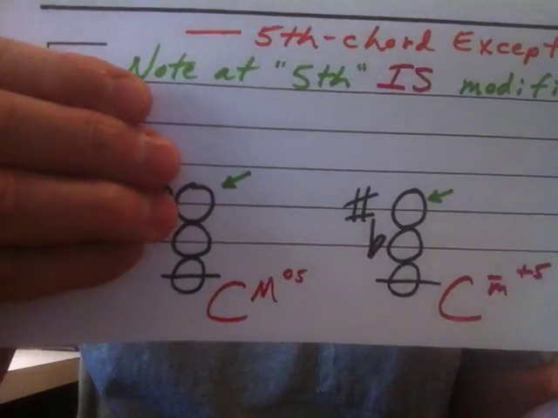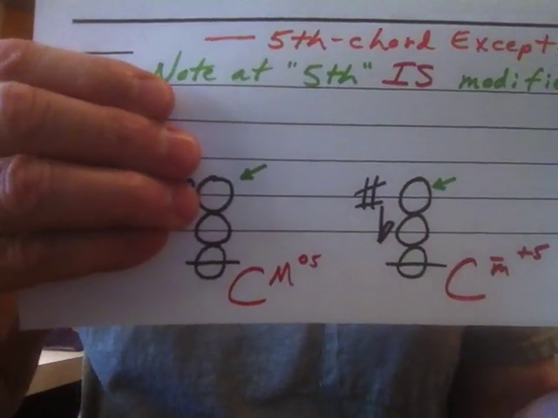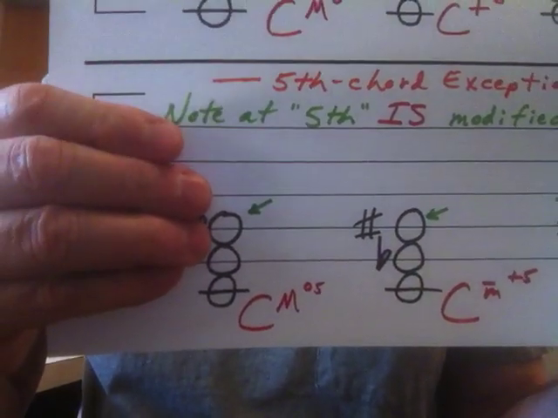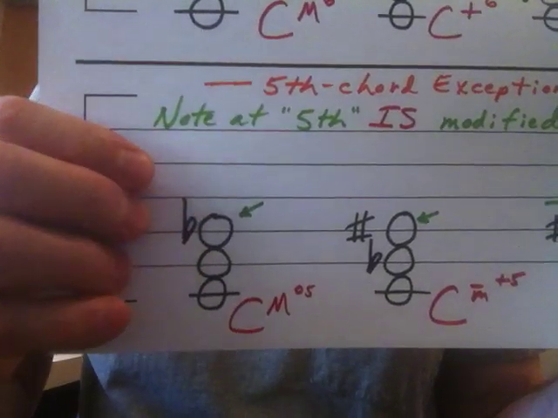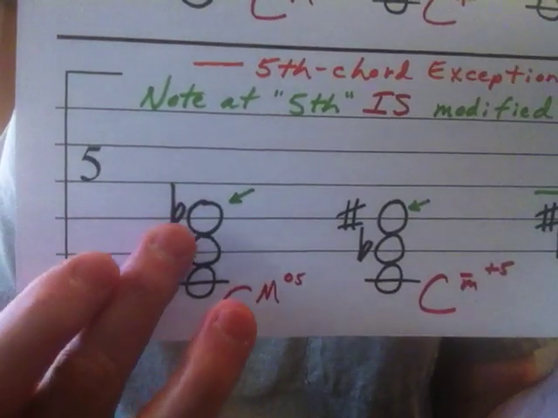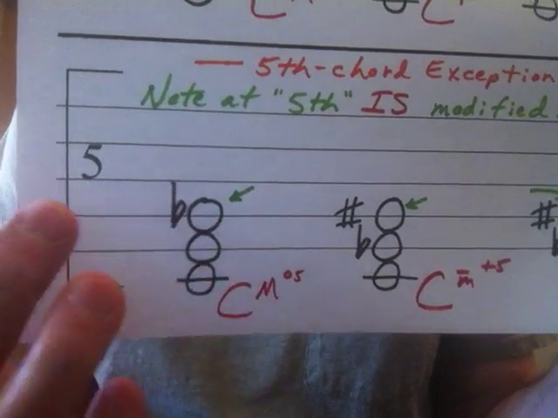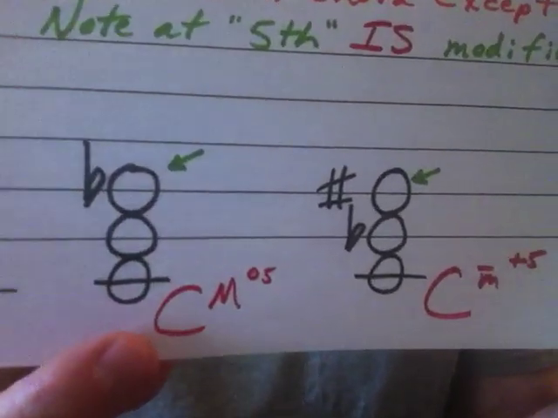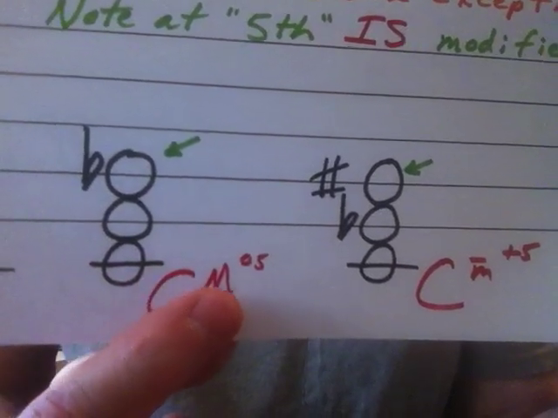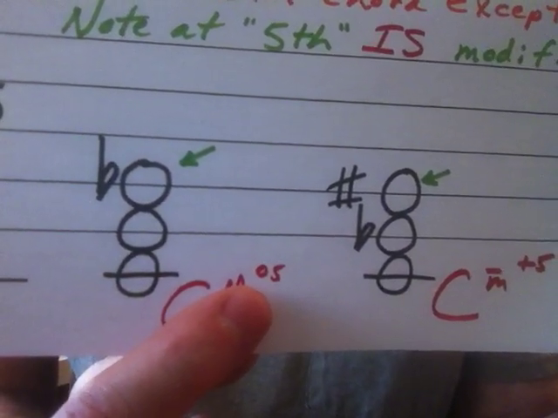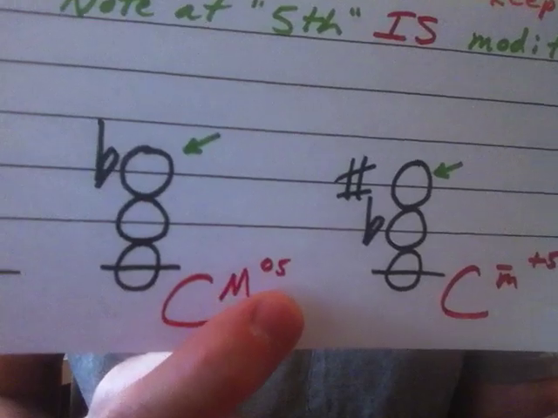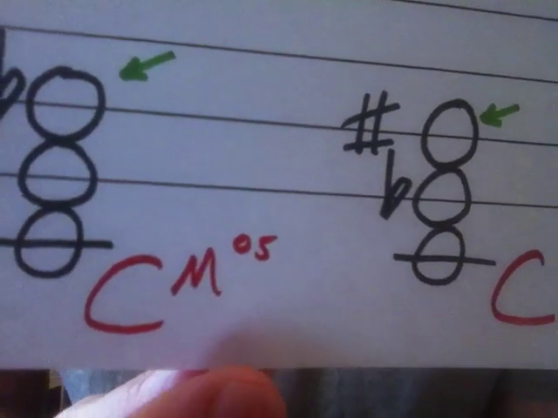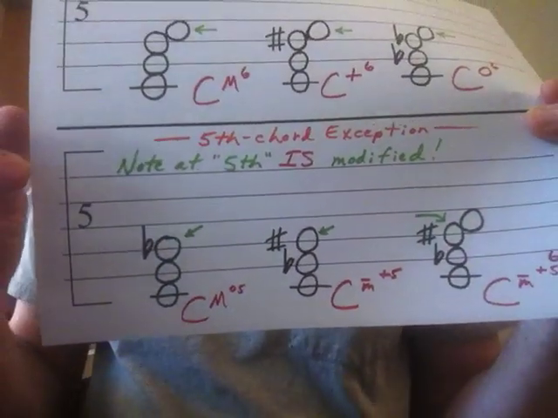That's how we started out. But we wanted to make this really weird chord, and we didn't know how to notate it, so using my system, we mentally took out the G natural, and we stuck in the G flat, and you have a C major with a diminished fifth, with the diminished 5 there. See it? That's using the fifth chord exception.